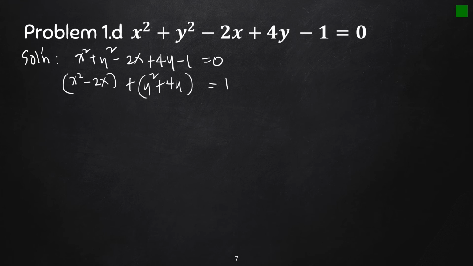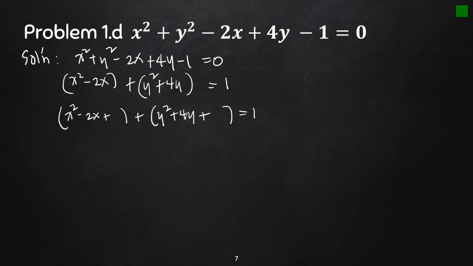We already have two groups of binomials. We try to express these into perfect square trinomials, and to do that, we just have to find the third term: x² − 2x + something plus y² + 4y + something equal to 1.